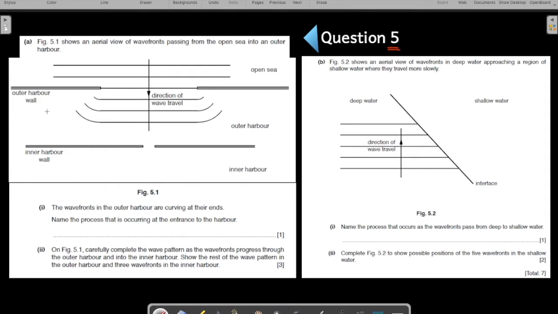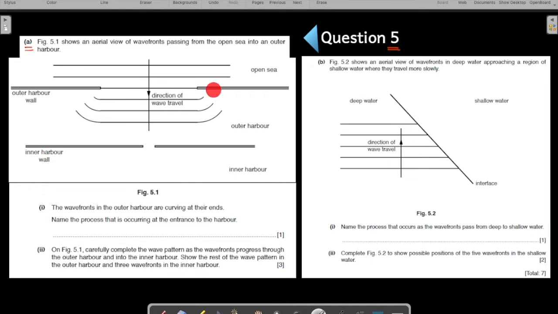You may pause the video, solve the question, play it again to look at the working. So let us start with the part A. The figure shows an aerial view of the wavefront passing from an open sea into the outer harbor. So waves are coming from the sea and coming into the harbor region. You want to maintain some calm waves near the shore.